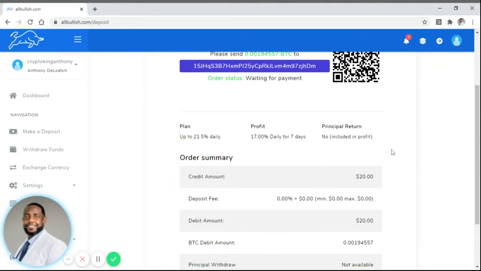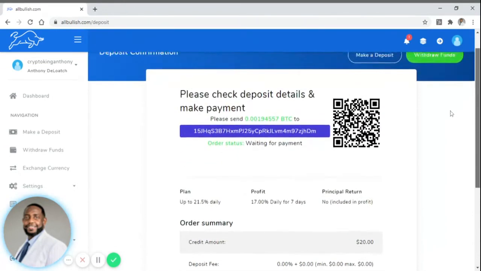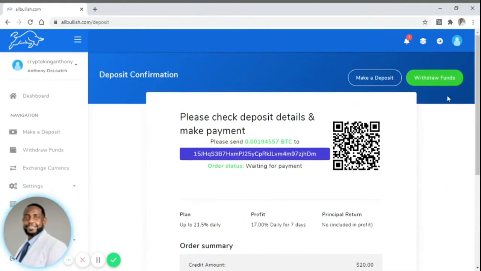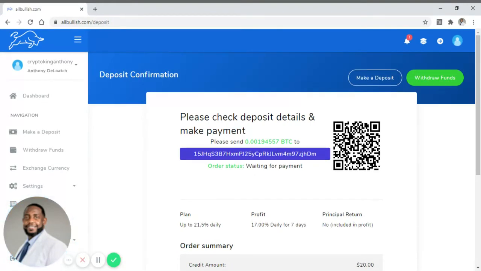So it'll be 17% that I will earn off of this $20 here. So it shows all that information there. Now, all I got to do, if I'm using my app, is scan this with my phone. Or I could copy and paste this address into my Bitcoin wallet, and then I can send this over to the platform here. So that is another thing that you can do to fund the account. So let me do this and I'll be right back.